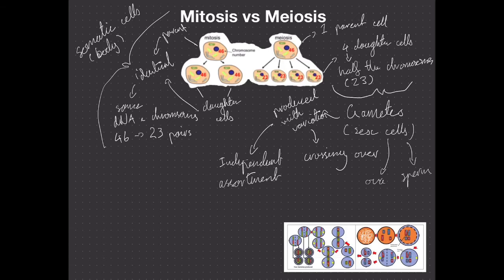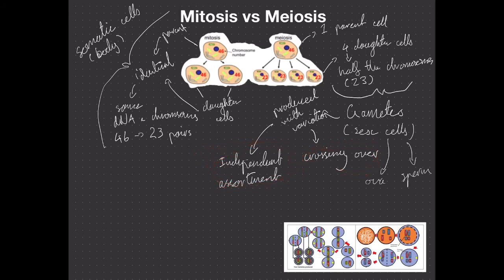During the multiple splits which make our 46 chromosome parent cell into 4 23 chromosome daughter cells, we get extra variation through the process of independent assortment and crossing over.